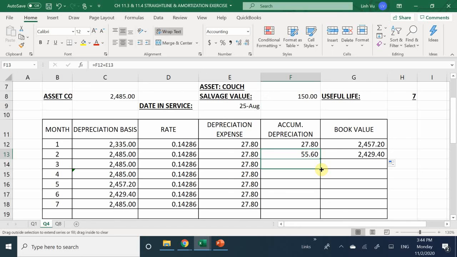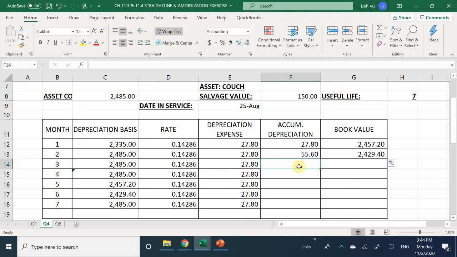And now why do I forget what is it, the 2485? 2485. Where are you looking at? Oh, that's the one right above it. Okay. So how do I get the... Why am I missing this information? So we're working on the accumulated depreciation for the third year.